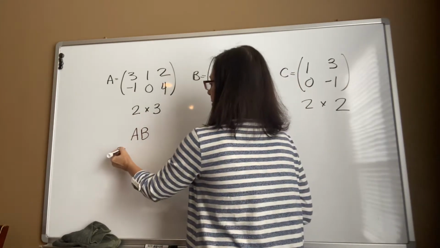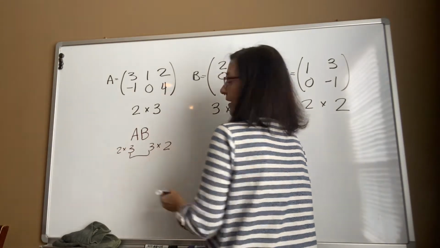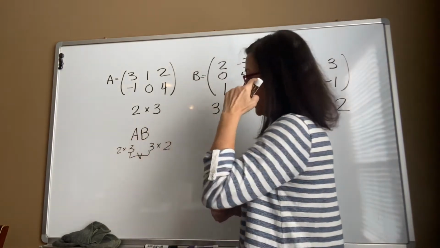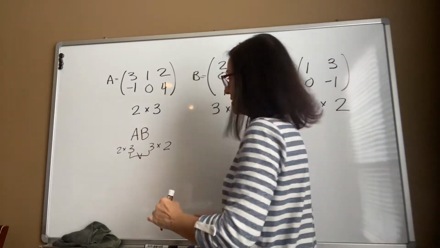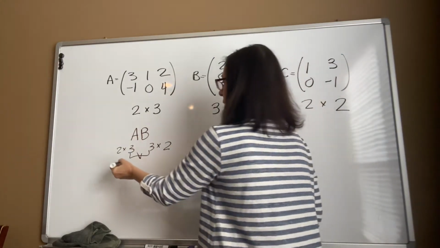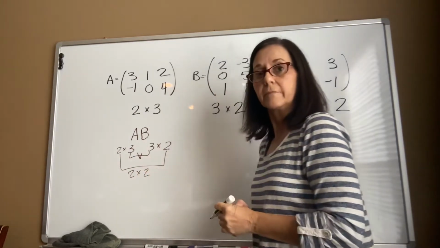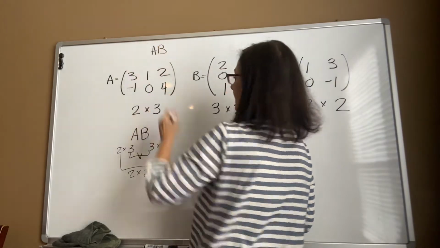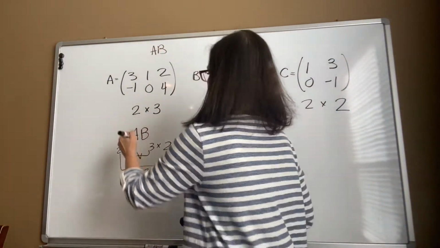All right, A is a 2 by 3, B is a 3 by 2. They are the same. So we can, the columns of the first equal the rows of the second. What will the resultant matrix look like? It'll look like a 2 by 2. All right, so we're going to come back and work A times B. We can do that. All right, so that one works.